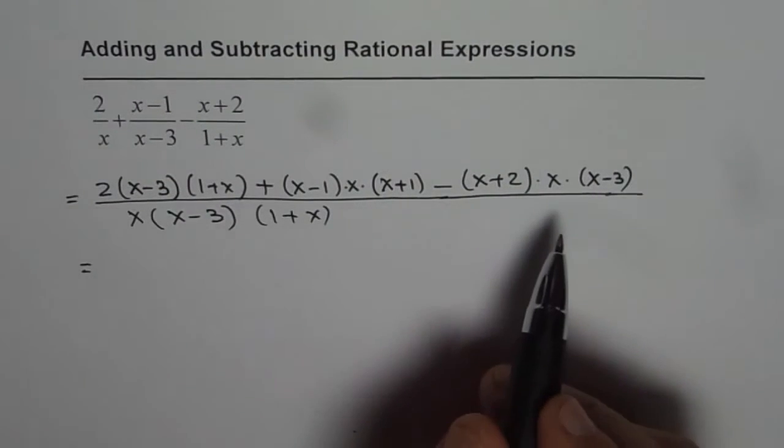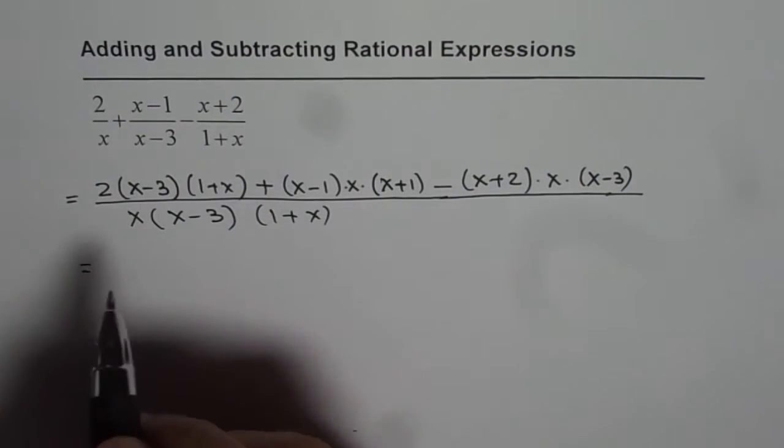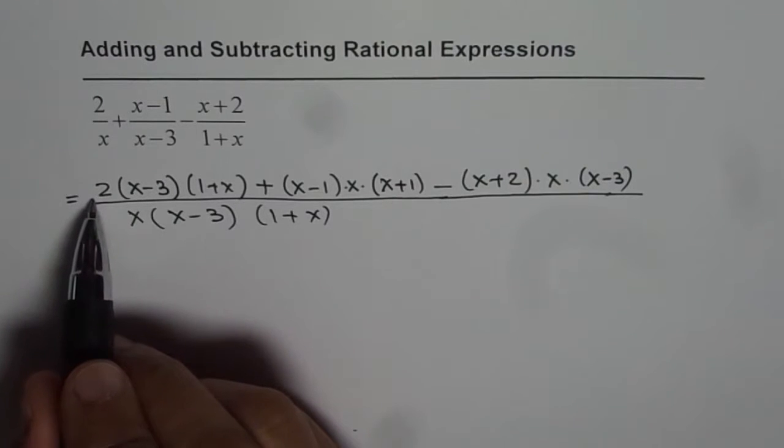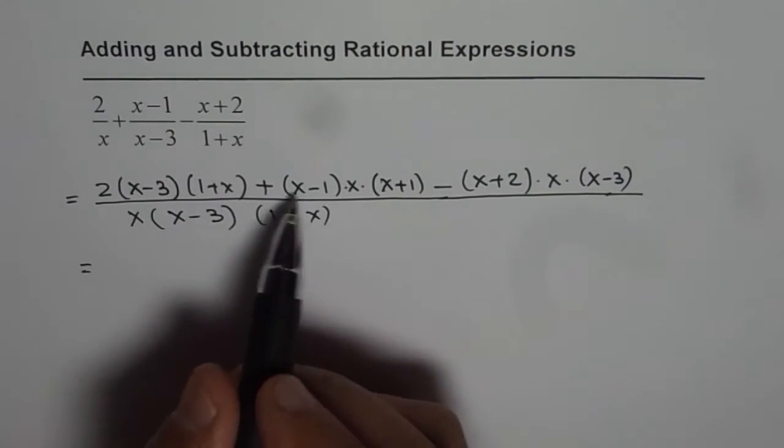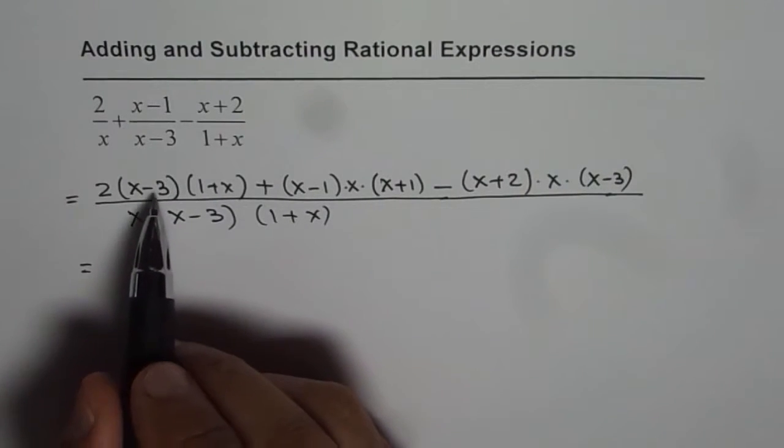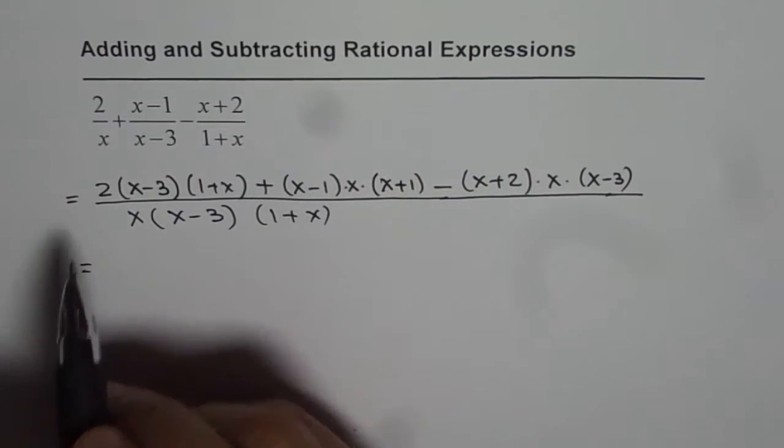Now let's expand and then simplify. Because there are 3 terms, let's multiply 2 first and then multiply by 2.